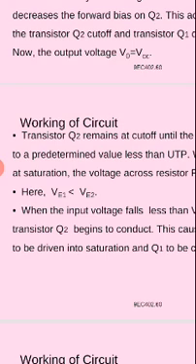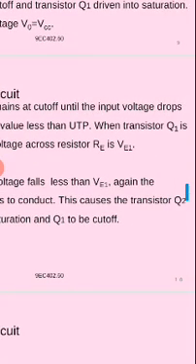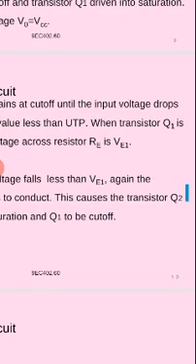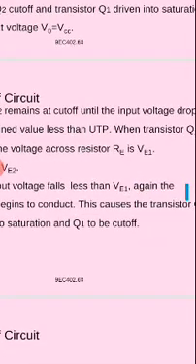Working of circuit. Transistor Q2 remains at cutoff until the input voltage drops to a predefined value less than UTP.